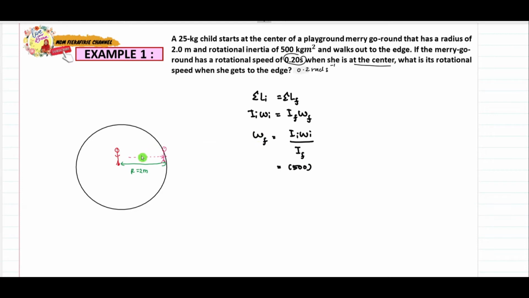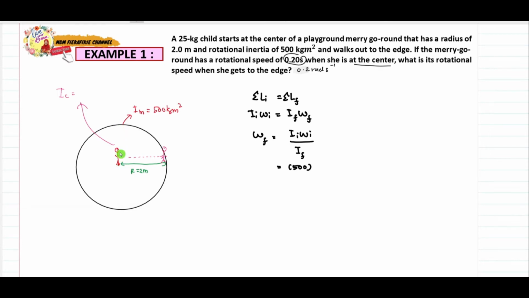Maknanya masa sebelum budak ini pergi ke tepi merry-go-round ni, kita hanya ada moment of inertia of the merry-go-round, okay, which is 500 kilogram meter squared. Jadi moment of inertia budak ini pula berapa? Kalau kita tulis the moment of inertia for the child, dekat sini kita tak kira lah, sebab dia at the center.